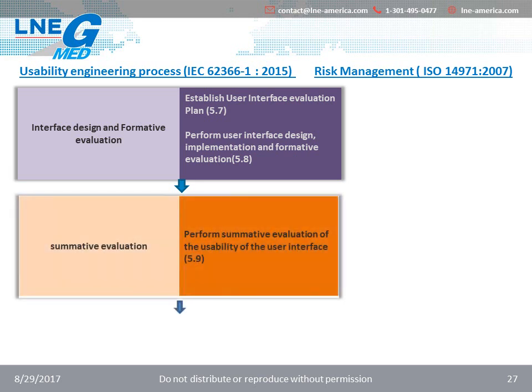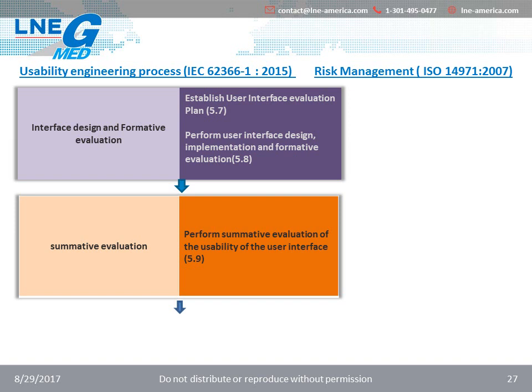The final step is to perform summative evaluation of the usability of the user interface. In this step, the implemented user interface is subject to summative evaluation against testable requirements in the user interface evaluation plan.